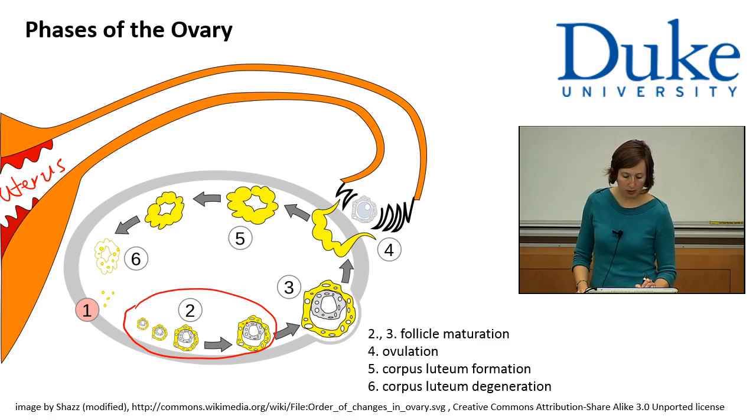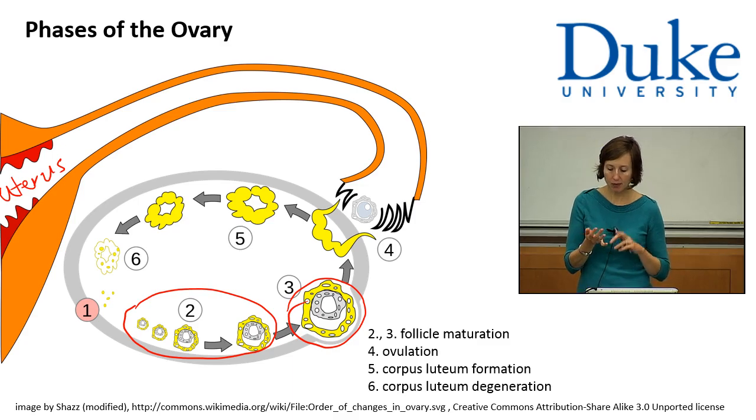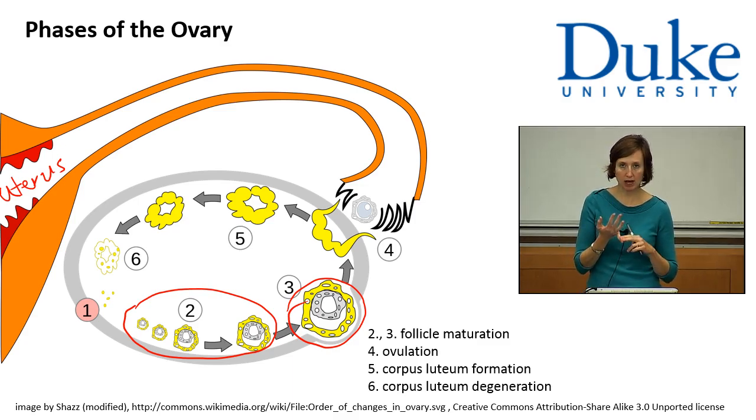Until finally we've got our chosen follicle that is producing lots of estrogen, which has decreased LH and FSH, which has then killed the other follicles. It's still surviving because it's got lots of LH and FSH receptors, so it's super sensitive to them.